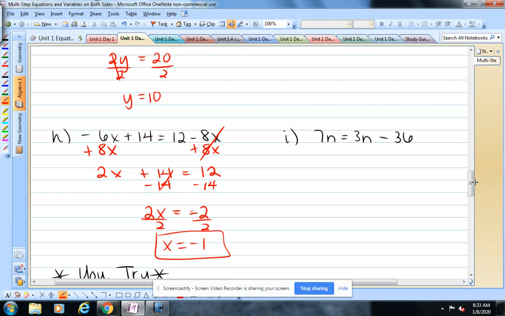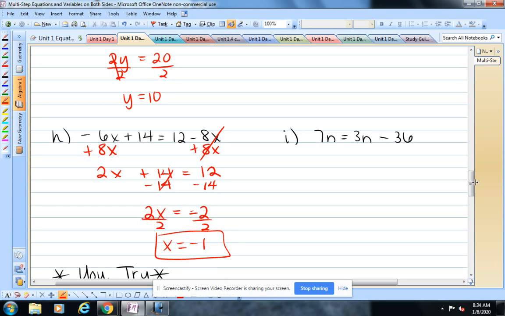All right. Now this one looks a little weird, right? It doesn't have as many terms as the last problem did, does it? Okay. So when you notice that this term over here has a variable, the little term by itself has a variable. So if you're equal to a term that's by itself that also has a variable, you want to move the other variable to the lonely variable.